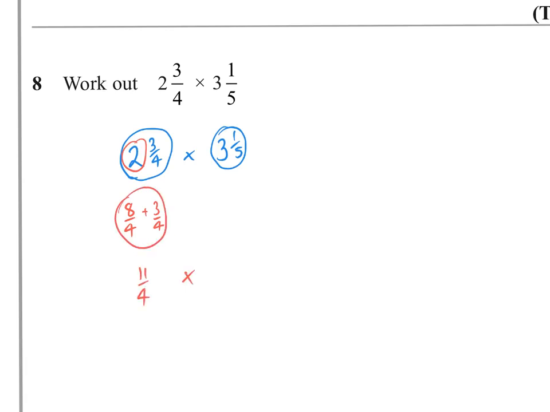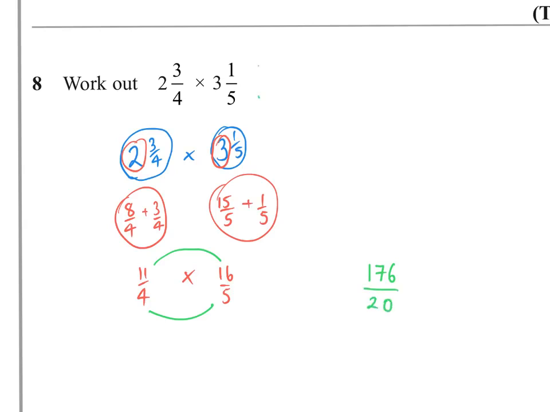We want to multiply that by, well, 3 is 15/5, and the 1/5 that we have already gives us 16/5, and then with multiplication it's nice and easy. We can look to see if anything cancels. You might not want to do that, you might just want to do 11 times 16, which is 176 over 20.